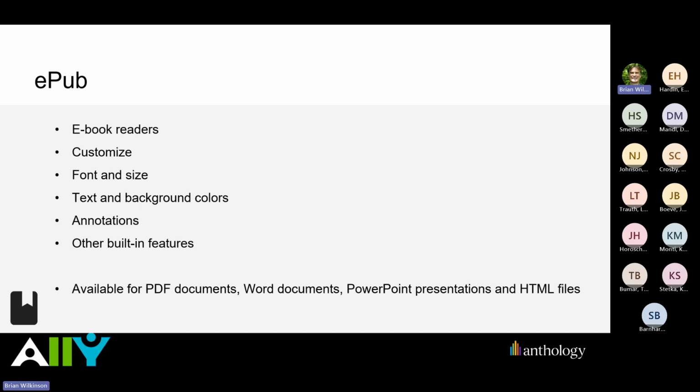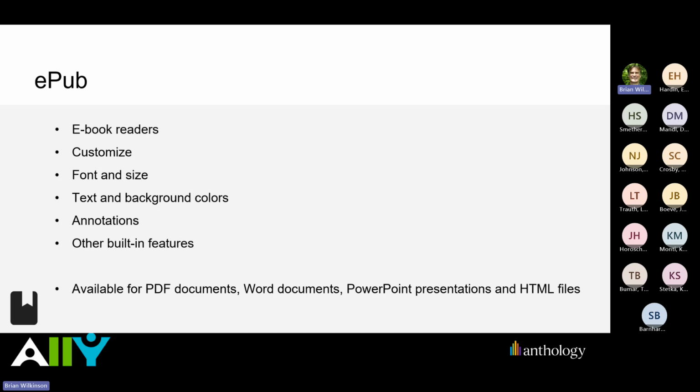Next is the EPUB, and the EPUB is a very versatile format designed for use on book readers, and it could be a physical book reader such as a Kindle type device, or a mobile device that has an EPUB reading app. Much of the features of this format depend on the app that's using it, but most in general will do things like allow you to customize the font size and the colors.